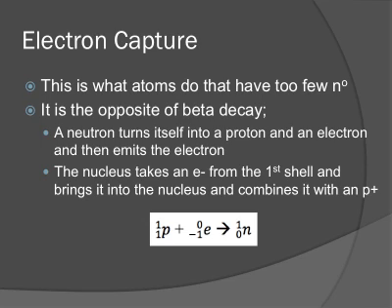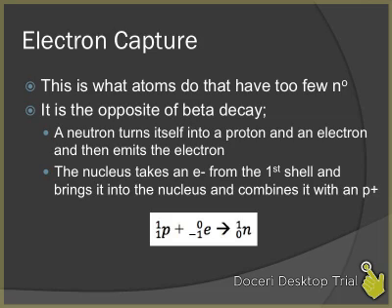So if you remember, in beta decay, our neutron broke apart into a proton and an electron, right?